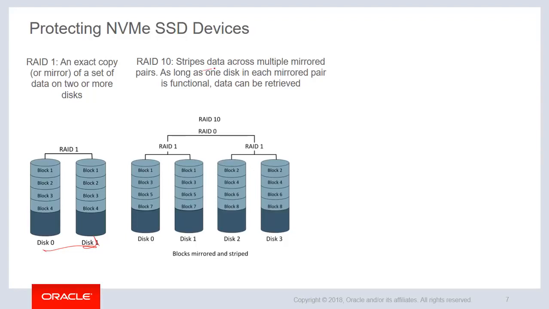So RAID 10 stripes data across multiple mirrored pairs. As long as one disk in each mirrored pair is functional, data can still be retrieved. So if you're concerned about getting better durability, go with RAID 1 plus 0.